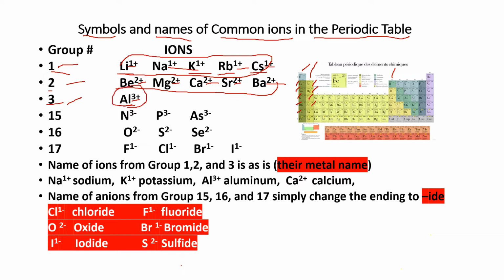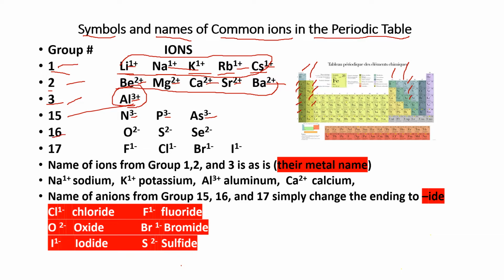Okay, now let's go to group 15, and group 15 is here in the periodic table. Recall that the group 15 atoms need to gain electrons. That is why their charges are 3 negative. And of course, the symbols and the names are on the periodic table. Now, group 16.